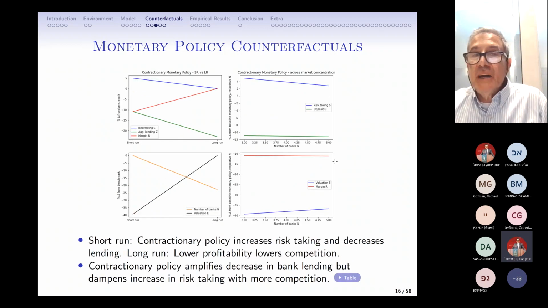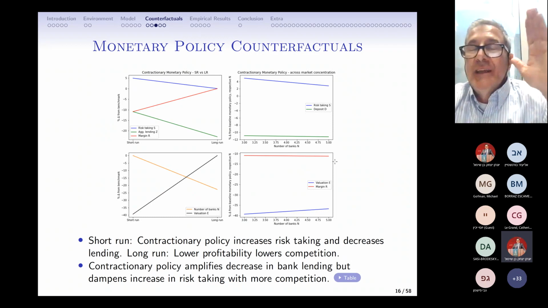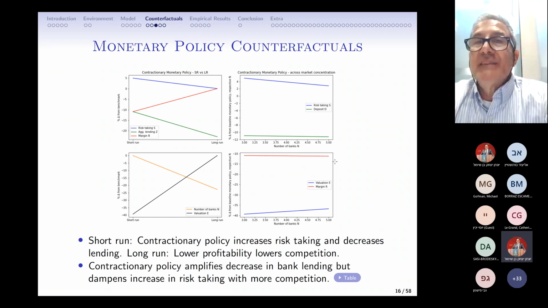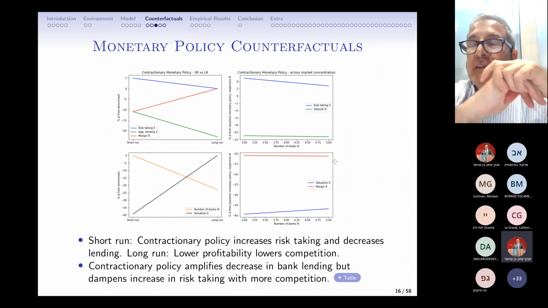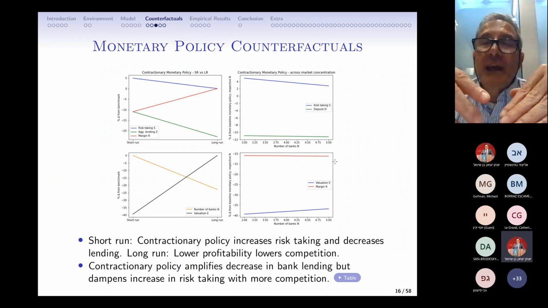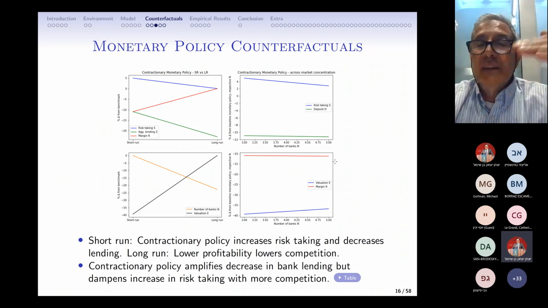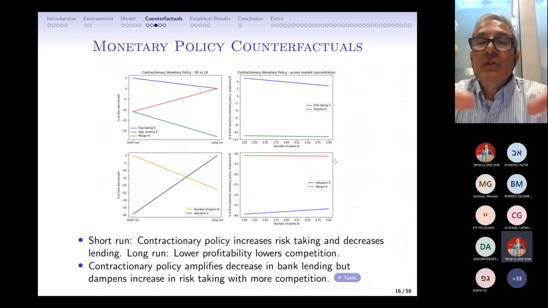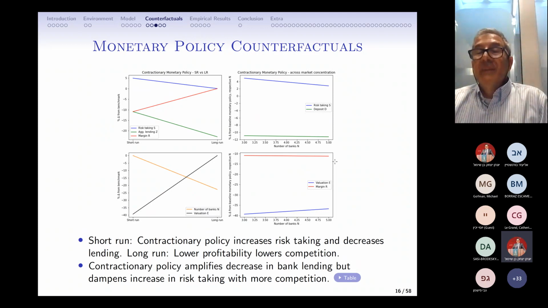We also do monetary policy counterfactuals, and show intuitively that if the Fed raises borrowing costs through contractionary Fed funds policies, because that lowers bank profitability, it's going to have an impact on risk taking, et cetera. And I'm going to show you that that is what we find in the data.